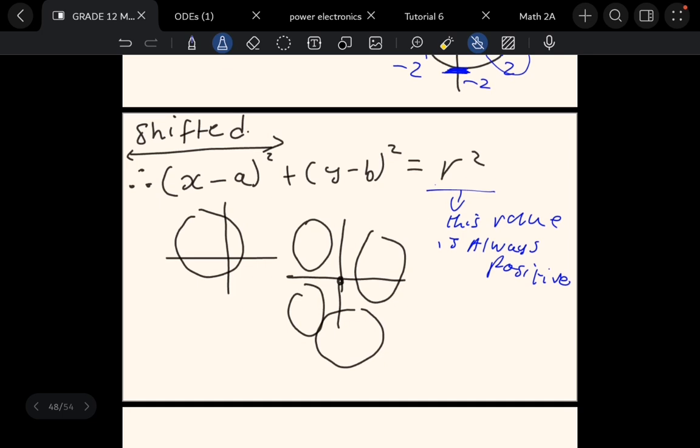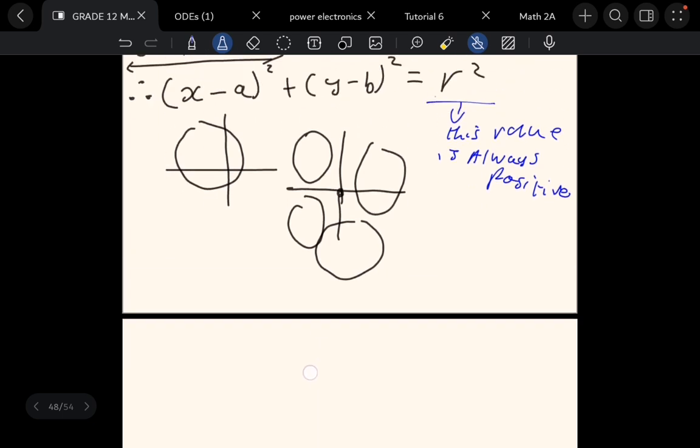They need to have this type of equation. You understand? So you must be able to read from the equation your cycle is centered at what quadrant.